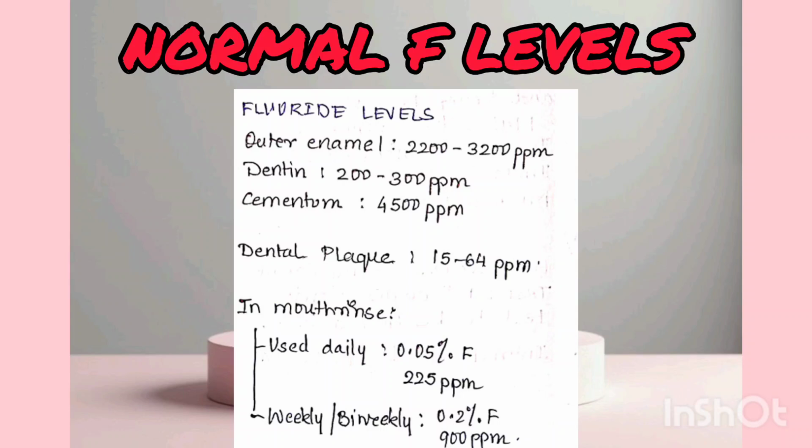It will be a good discussion to discuss the normal fluoride levels which are there. Those are as follows. In the outer enamel we have 2200 to 3200 ppm. Dentine we have 200 to 300 ppm. And cementum we have 4500 ppm. In the dental plaque we have 15 to 64 ppm.